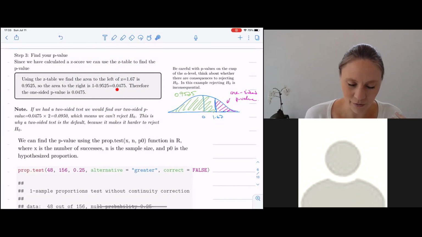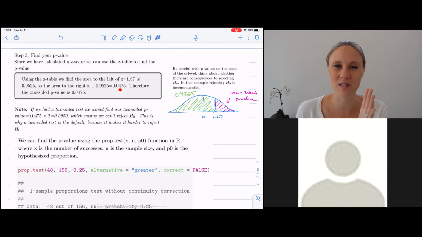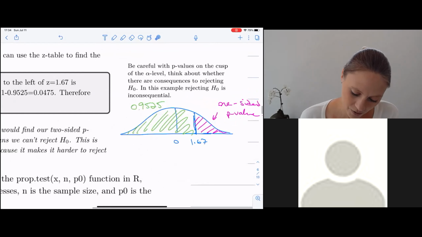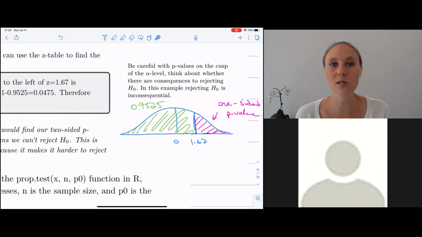Well, 0.0475 isn't that much less than 0.05. You don't want to be spending a ton of money or risking lives on something so borderline. It is less than 0.05, but we could change our alpha level and then it would be hooped. So be careful with p-values on the cusp of the alpha level. Think about whether there are consequences to rejecting H naught. Is it going to cost me $1 million or something absurd?